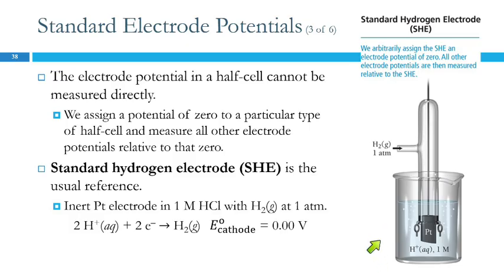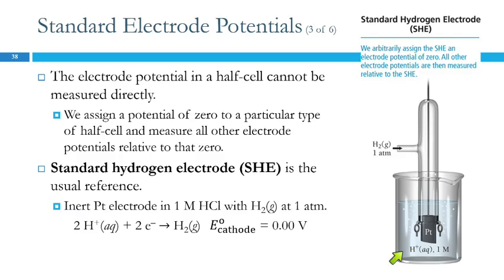It's probably the simplest thing they could come up with that had standard states, right? So you can get a 1 molar H plus solution quite easily. If you were trying to do iron or something, 1 molar iron ions, pretty concentrated, you might have a hard time because they're just not even going to be soluble.